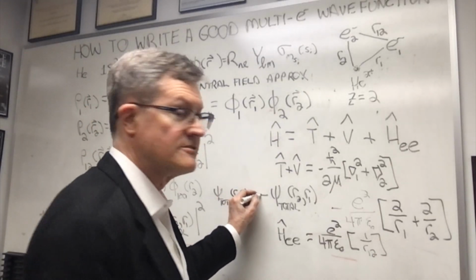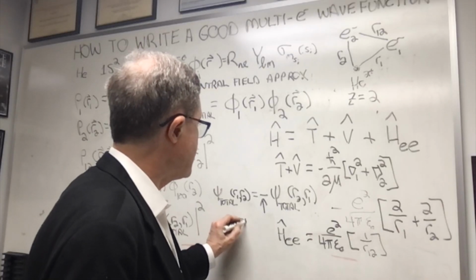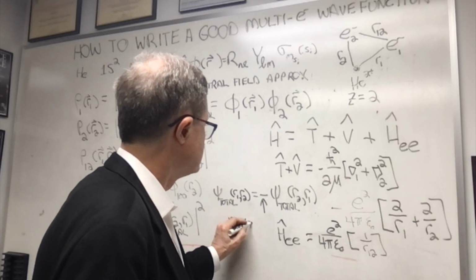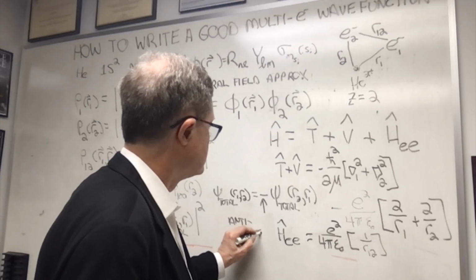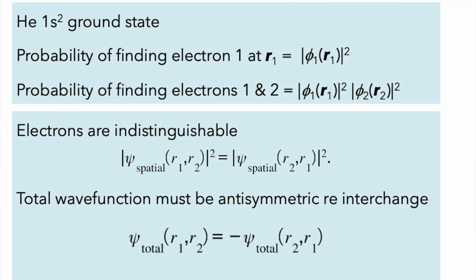That is, there's a sign change. That's what we mean by antisymmetric. So if we interchange the identity of the two electrons, the sign of the wave function changes.